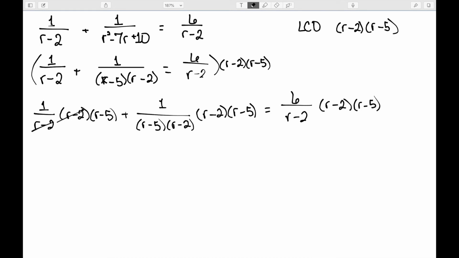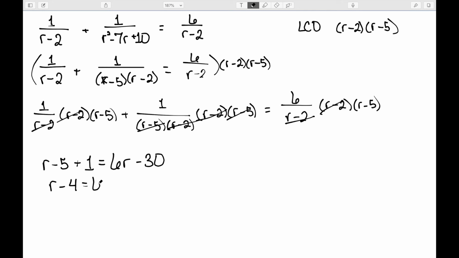My first one, my r minus 2's cancel. 1 times r minus 5 is just r minus 5. Here my r minus 5's cancel, and the r minus 2's cancel. I'm just left with a 1. And over here, the r minus 2's cancel, and I can distribute 6 times r is 6r, 6 times negative 5 is negative 30.